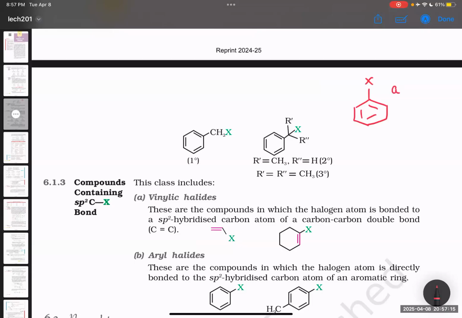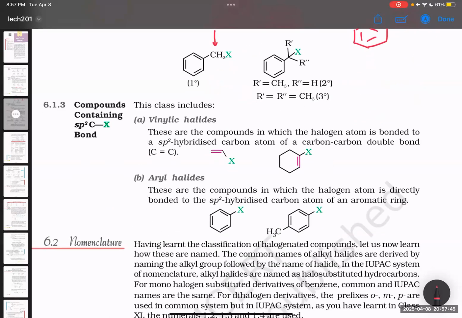This is aryl. And benzylic is the carbon atom next to benzene. That is benzylic.